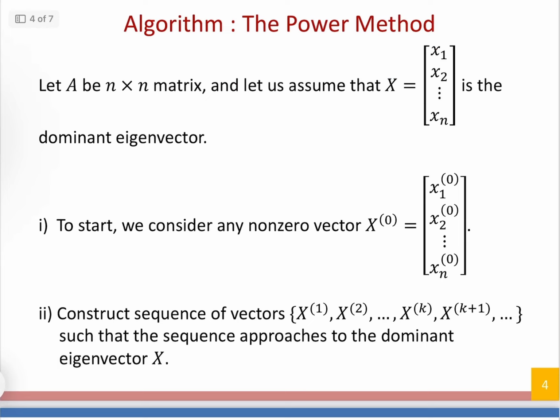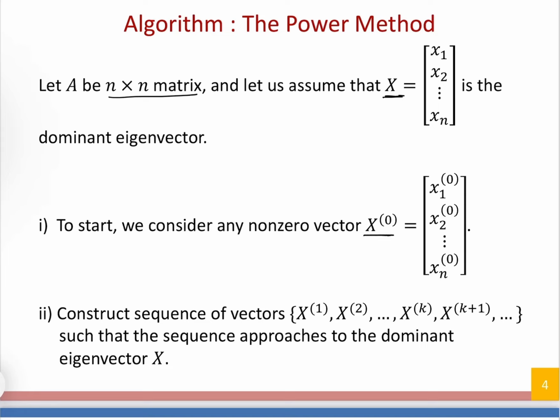Now let's see an algorithm to find dominant eigenvalue and eigenvector. The method is called power method or Rayleigh power method. Let us consider an n cross n matrix A. Let's assume that capital X is the dominant eigenvector. To find this, first we start by considering a non-zero vector x naught.